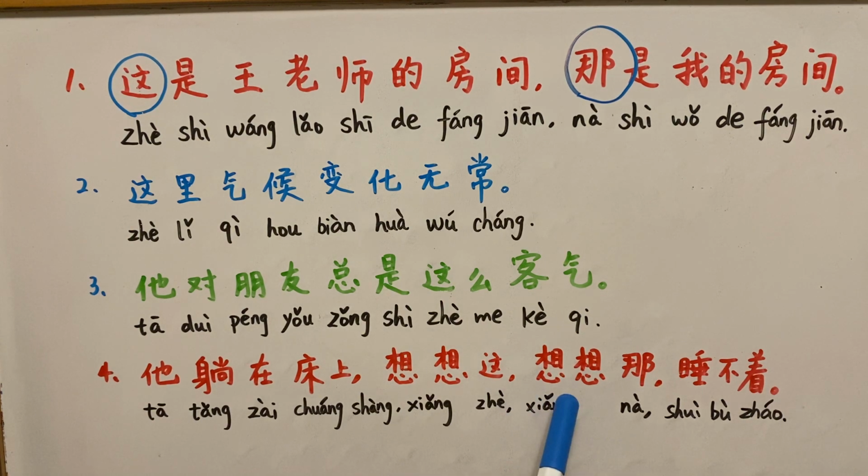And we use "and" to connect two sentences. And he could not fall asleep, right? So when you translate this sentence, you have to break it into two sentences. But in Chinese, it's only one sentence.